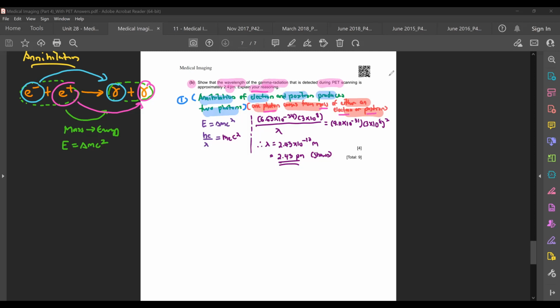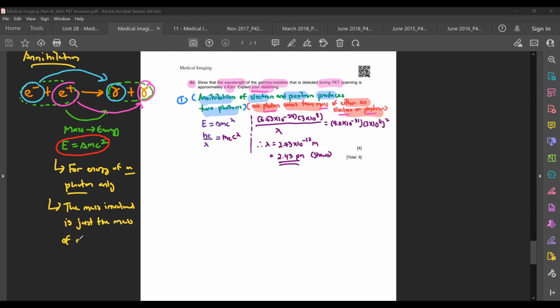So when you want to use your equation E equals delta mc squared, for energy of a photon only, the mass involved is just the mass of one electron.